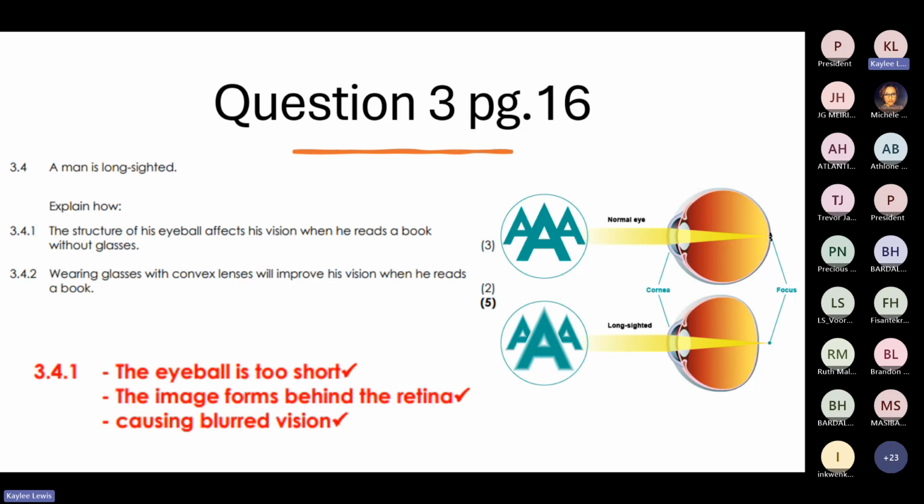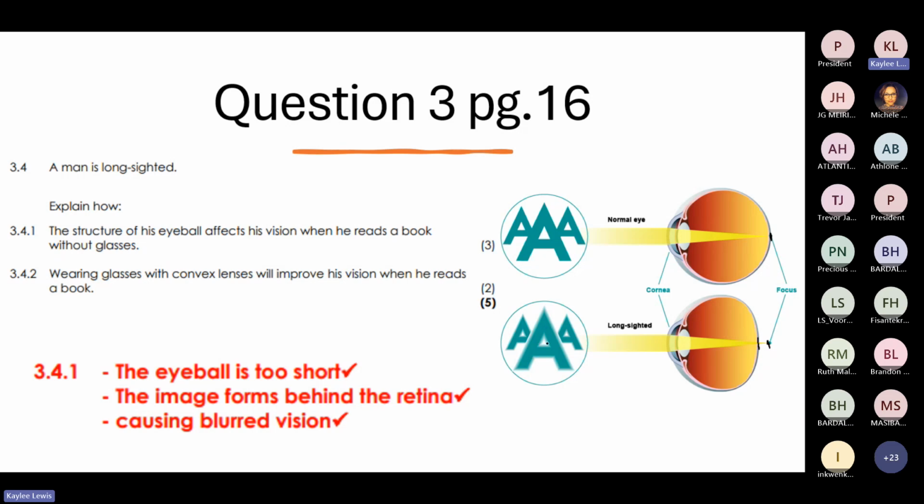Okay, what we want, and that produces a clear image. However, because this man's eyeball is shorter, the light rays will come together outside at the back of the retina, so behind the retina. And that means when it hits the retina over here, it hasn't come together and it's not going to form a clear image. So that's why they produce or see blurry images when they are viewing things closely.